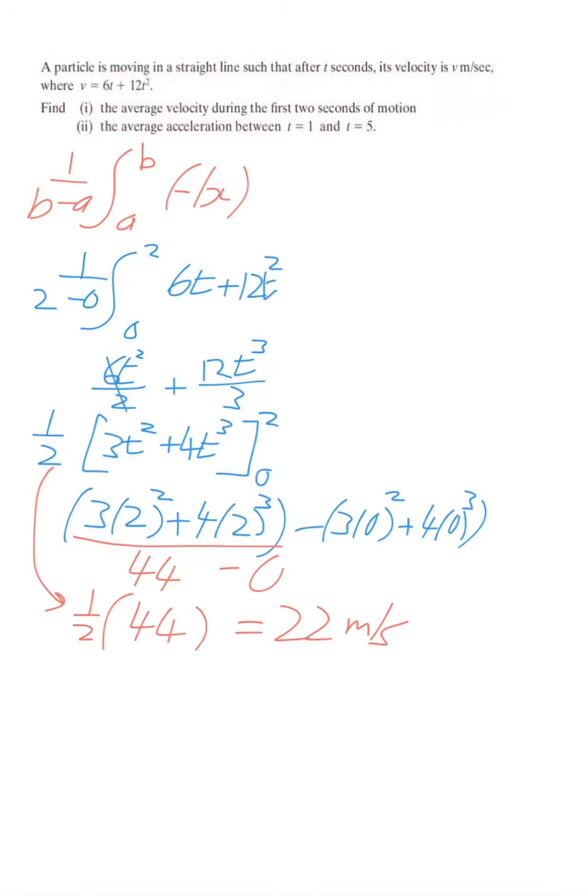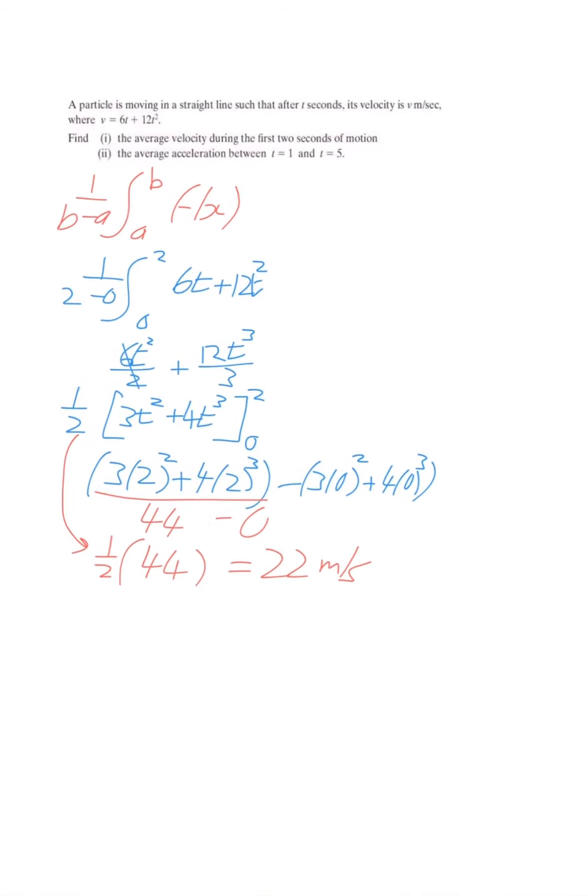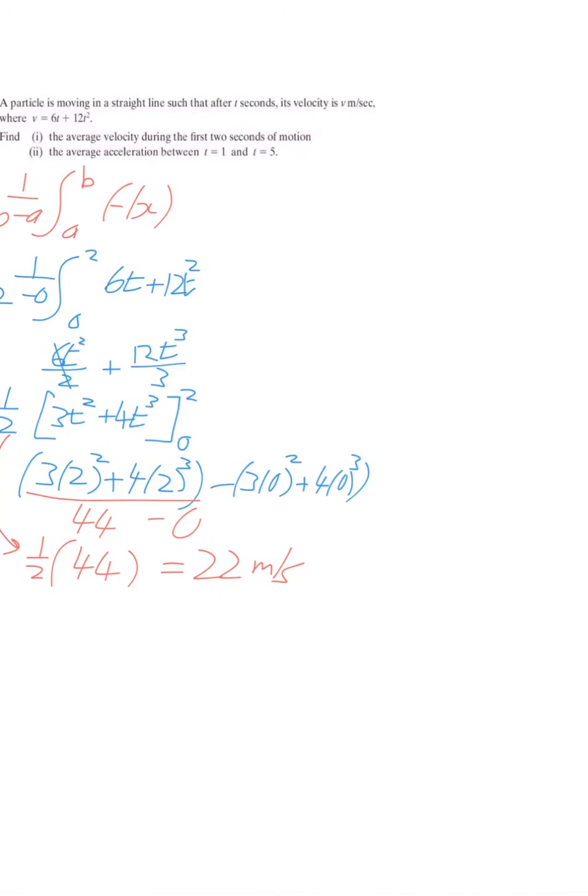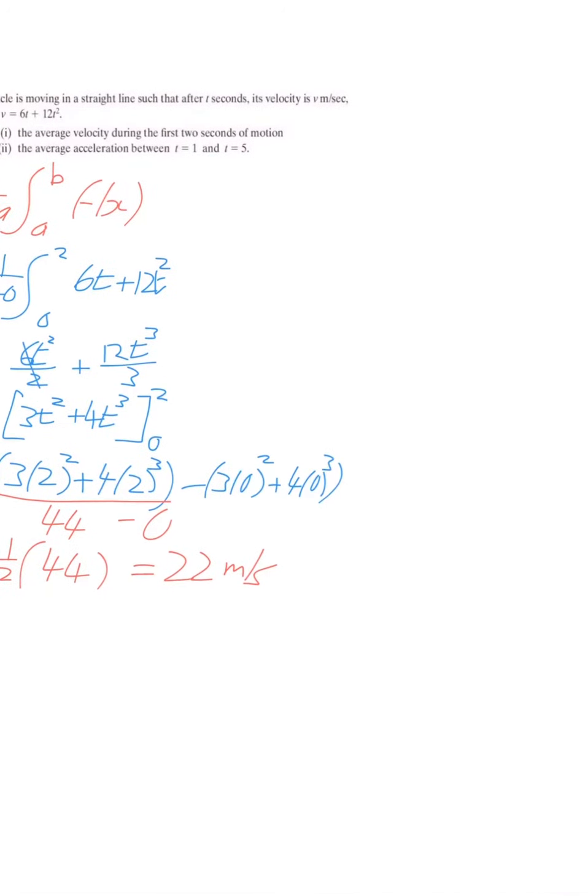Now, next bit then is the average acceleration between t equals 1 and t equals 5. So remember now, in any of these questions, you have your displacement, then if you differentiate that, you have your velocity, then differentiate again, you have your acceleration.